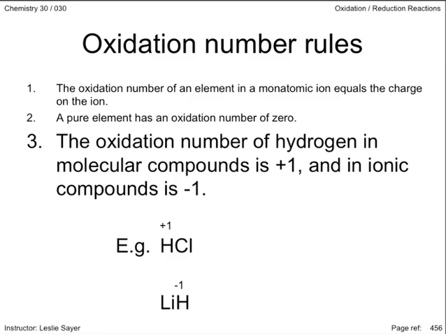The reason for this is that in molecular compounds, the hydrogen atom is not usually the most electronegative atom. So when covalently bonded to a more electronegative atom, hydrogen tends to generate a partially positive charge as its only electron is drawn closer to the nucleus of the more electronegative atom.